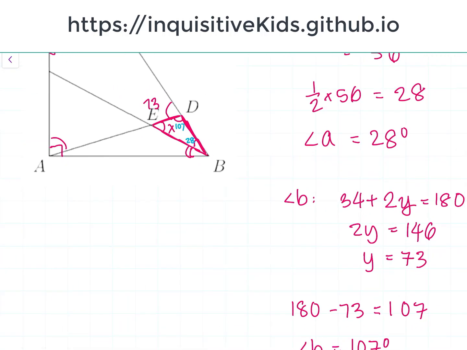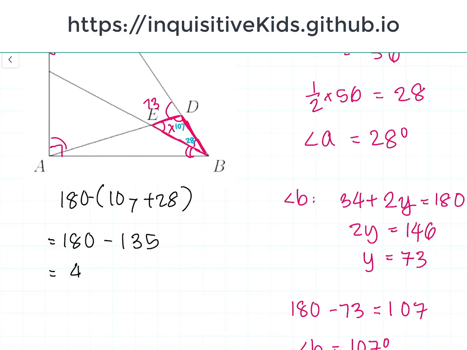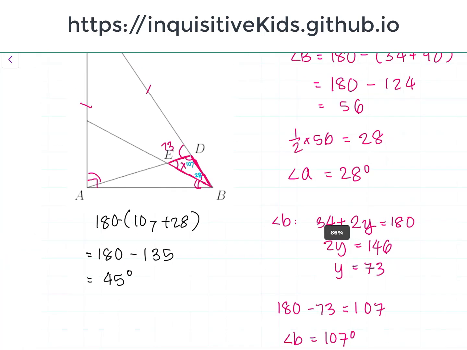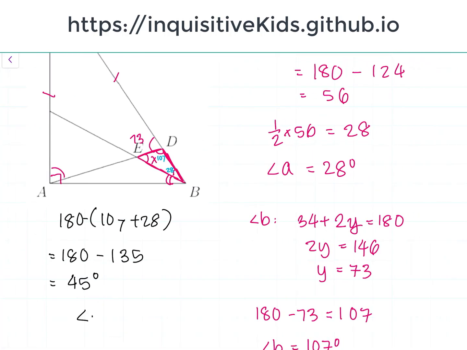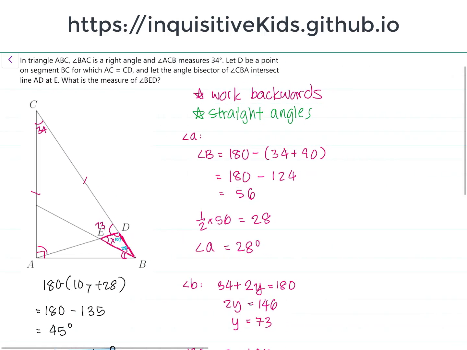So we can subtract 107 and 28 from 180 degrees, which gives us 180 minus 135, which then gives us 45 degrees. So in the end, we find angle X to be 45 degrees. And this is our final answer.